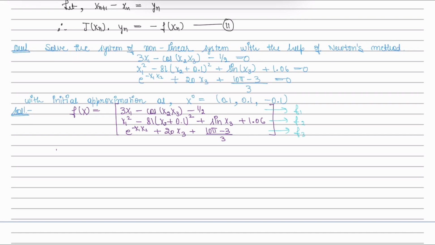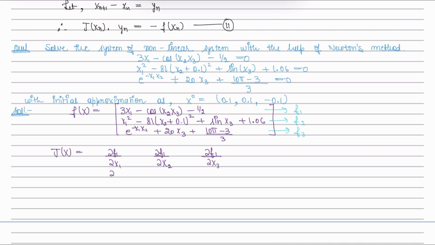The Jacobian matrix will be partial derivative of function 1 with respect to variable 1, partial derivative of function 1 with respect to variable 2, partial derivative of function 1 with respect to variable 3.